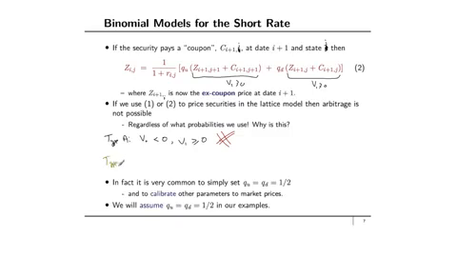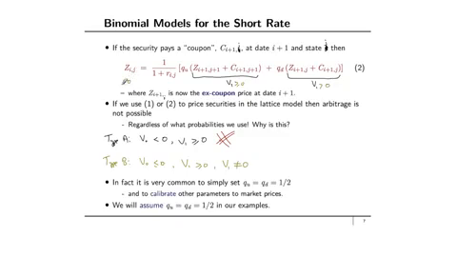Similarly, what did we have for a type B arbitrage, if you recall? A type B arbitrage was one where v0 was less than or equal to 0 and v1 was greater than or equal to 0, but v1 was not equal to 0. So in this case we would have the following. Let's just erase some of this here. For type B arbitrage, we would have that v1 is greater than or equal to 0, and say v1 in state j is strictly greater than 0, and that v0 must be less than or equal to 0.